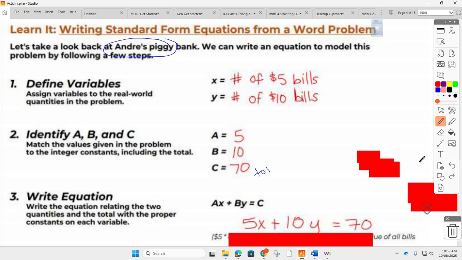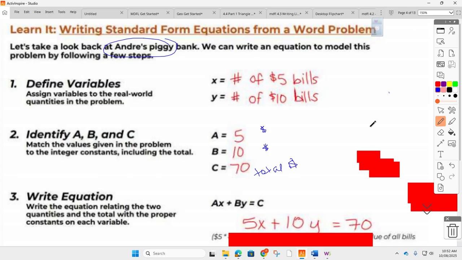So that's the value of each $5 bill, the value of each $10 bill, and this would be the total money. The numbers x and y are not money, right? But all three other numbers represent money in this case. It's not always that way in the standard form equation, right? But we talk mostly about money in here. All right.